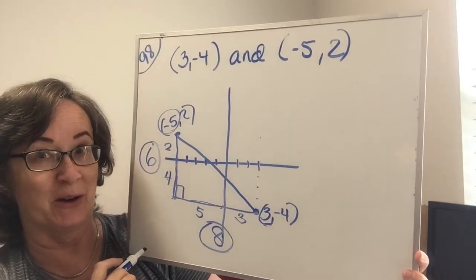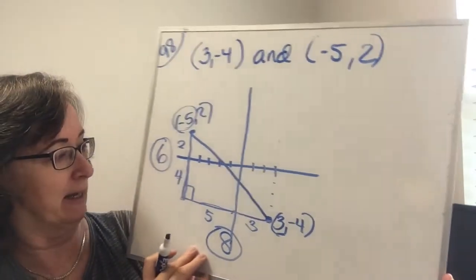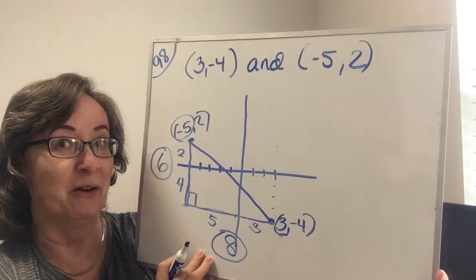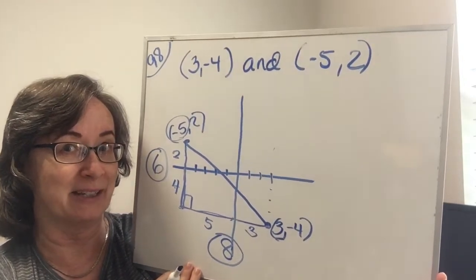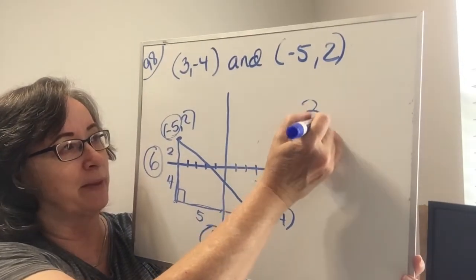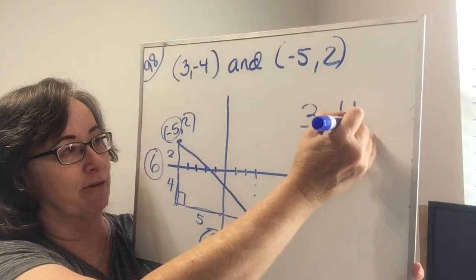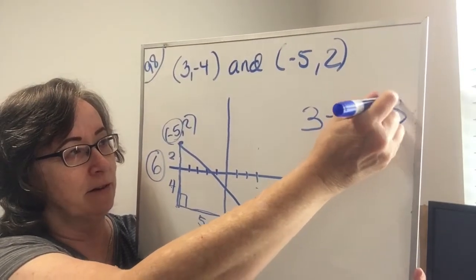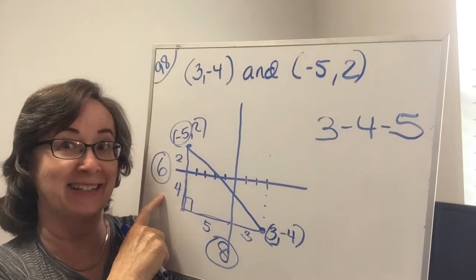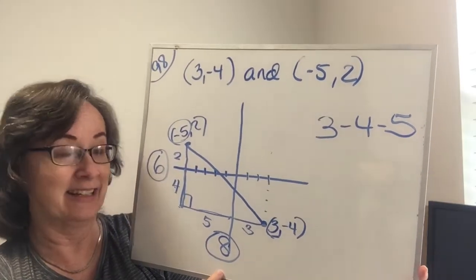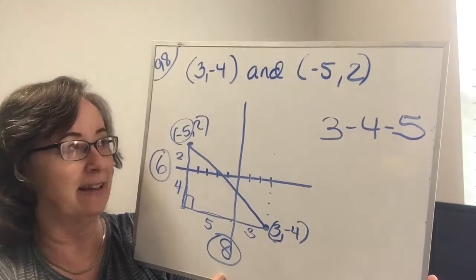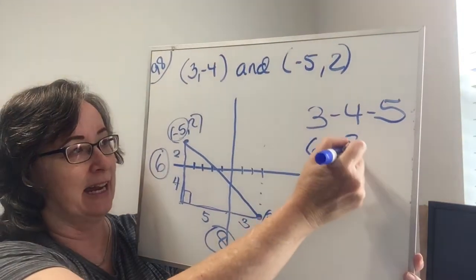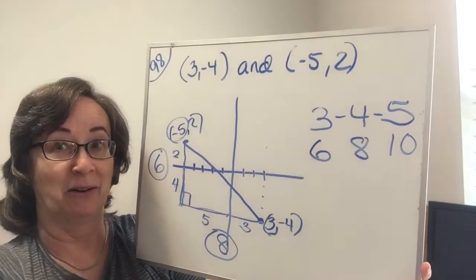So, this is looking like maybe we could use a Pythagorean triple. Remember, we have a Pythagorean triple that is 3, 4, 5. And these legs are 6 and 8, which means 6, 8, 10 would work.